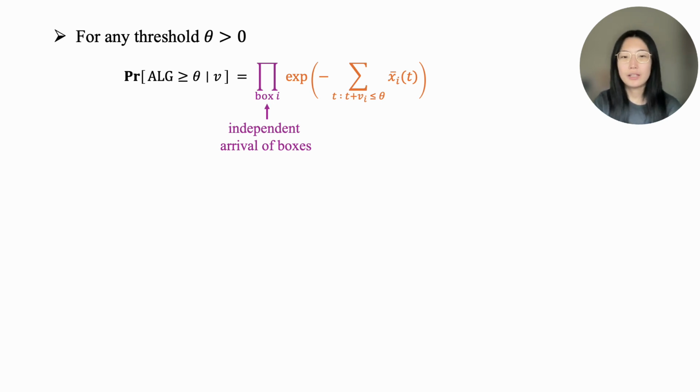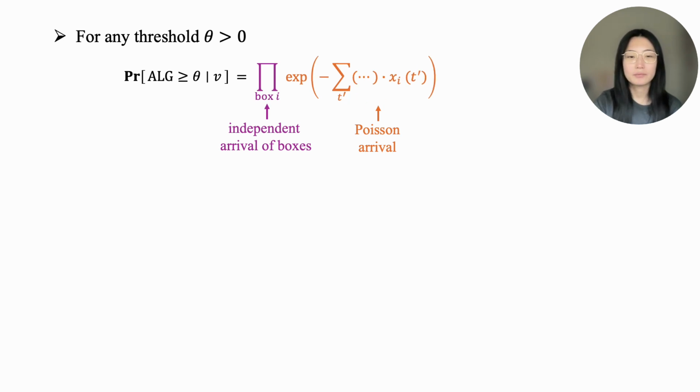And then for each box, the probability of having no arrival is simply the exponential of negative total arrival rates, by the definition of Poisson process. And we may further expand the terms in the exponential by the definition of bar xi.